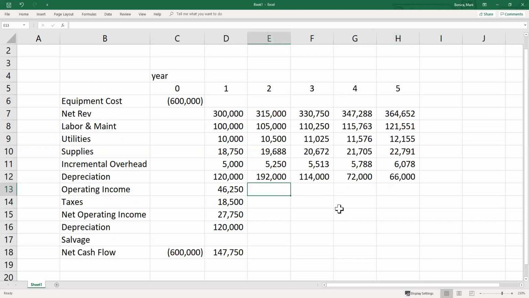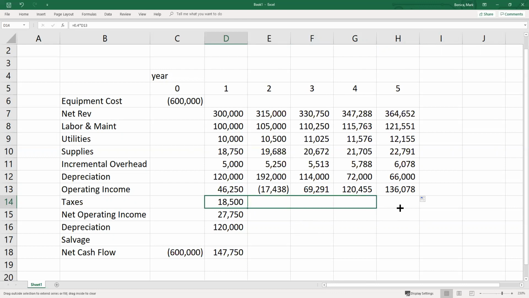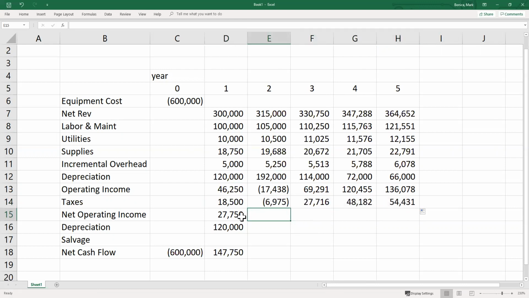And so now we can go ahead and just copy across our operating income formula. And let's see, everything looks good. Okay. And then taxes, still the same. We can just use those as a formula. And then net operating income.